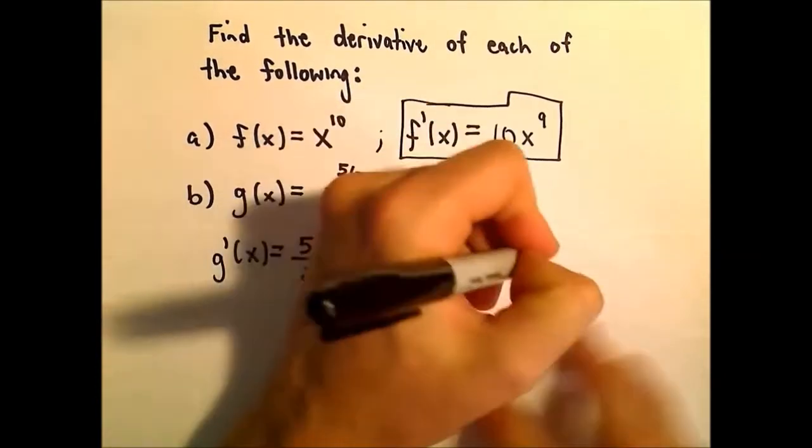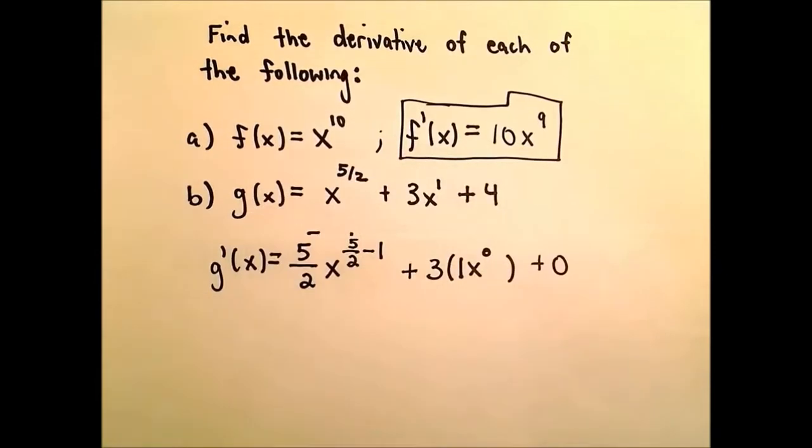Then the last one is 4. The derivative of a constant number is 0.